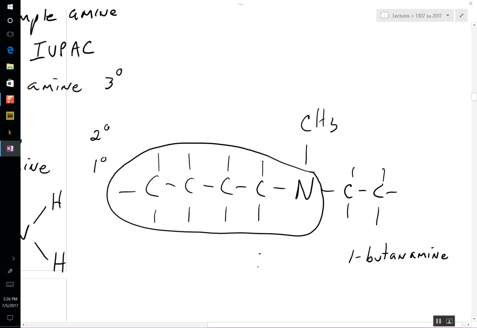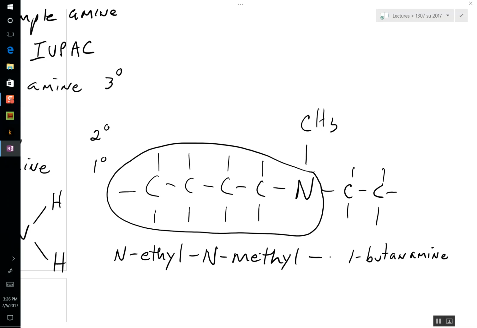And so now we've got N-ethyl, dash, N-methyl, dash 1-butanamine. So butanamine is saying we got an amine group, a nitrogen, on the end of this 4-carbon chain. On the end, on the first carbon, this is carbon number 1.